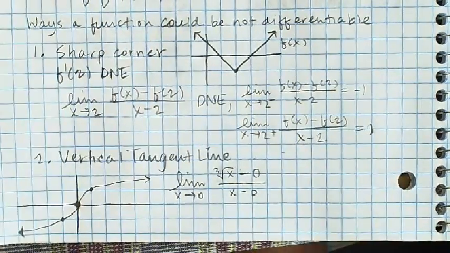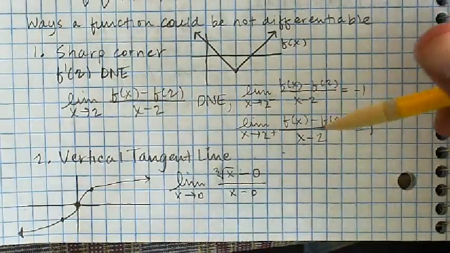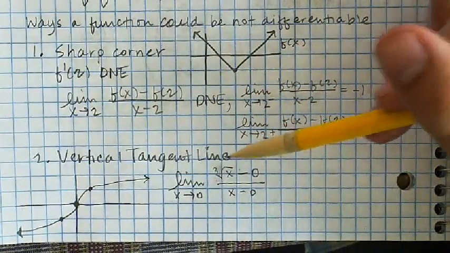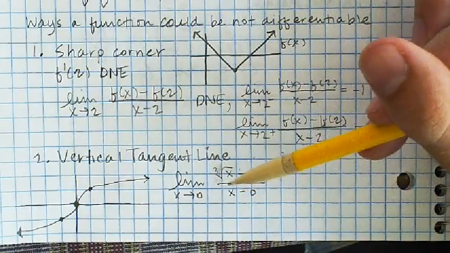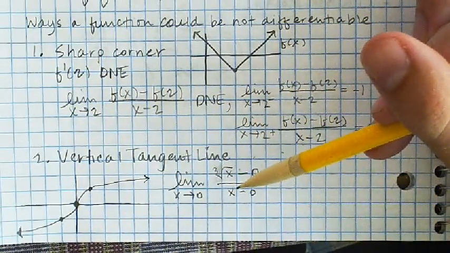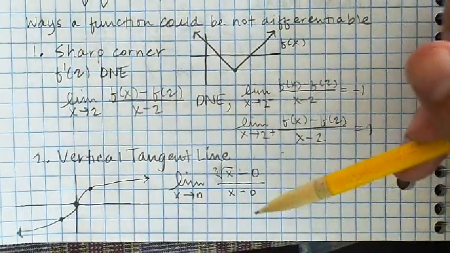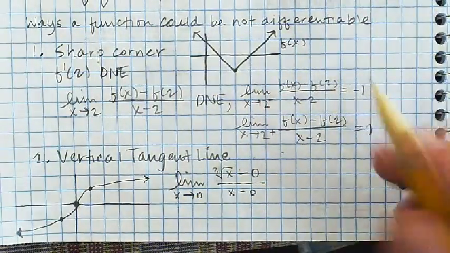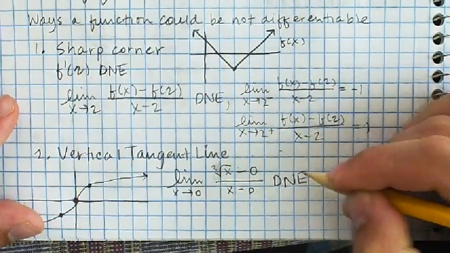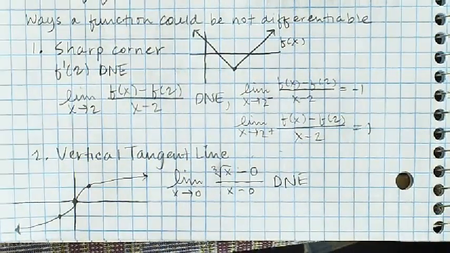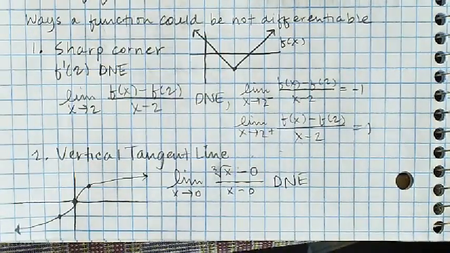What's interesting is that this limit doesn't exist, because if we simplify, this is x to the 1/3 divided by x to the 1, which gives you x to the 2/3 in the denominator, and as x goes to 0, that fraction goes to infinity. So you can see that this limit does not exist due to it going to infinity. That's another reason that a function could be not differentiable.